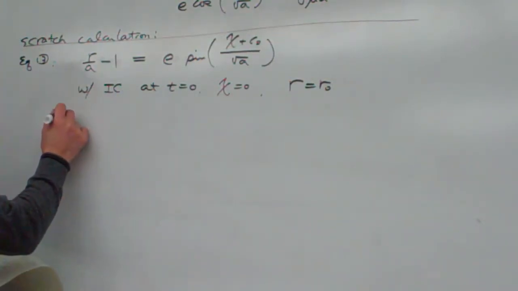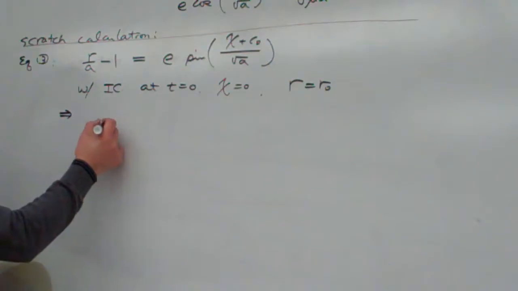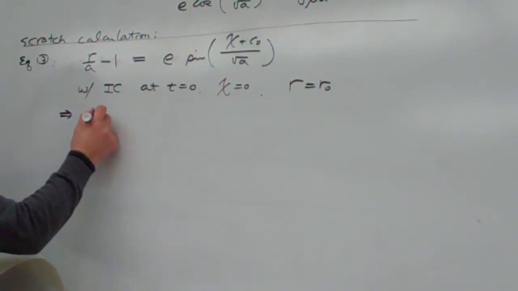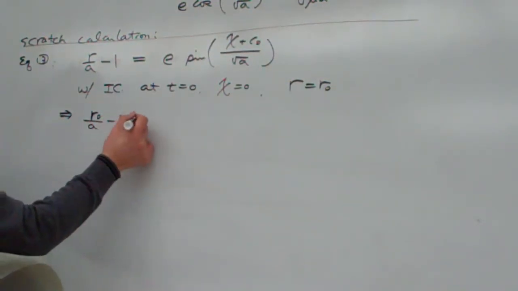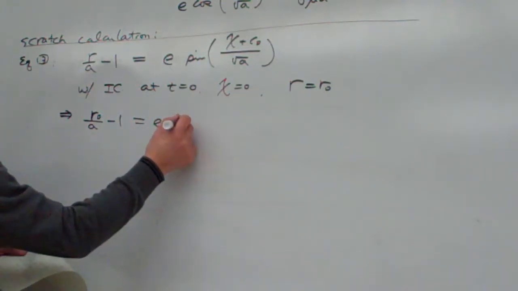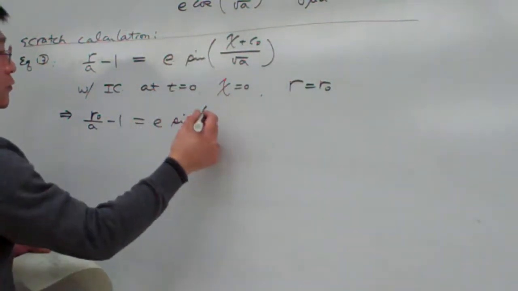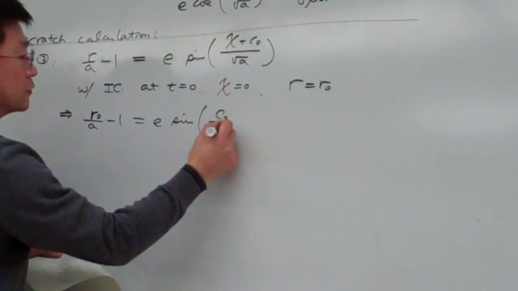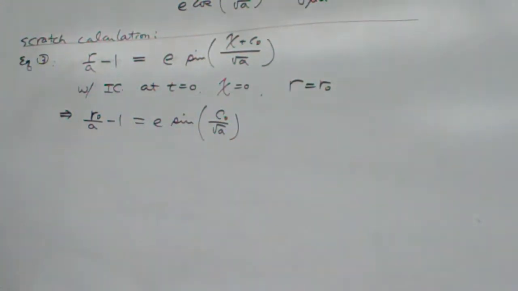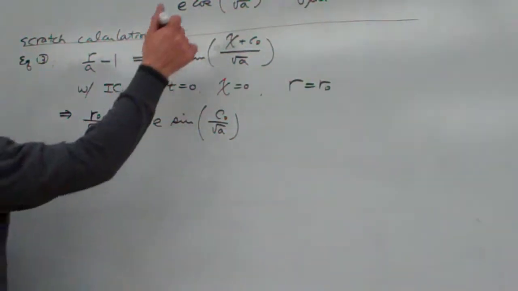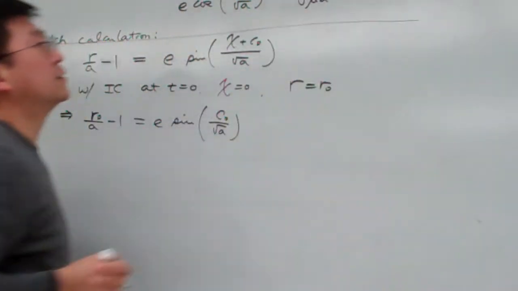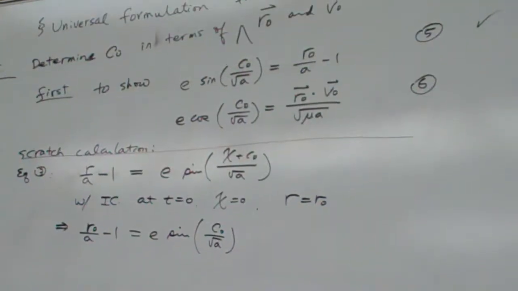So therefore, equation 3 gives R0 over A minus 1 equal to E sine C0, and cos C equal to 0, so C0 over A. Okay, so therefore, we check this.